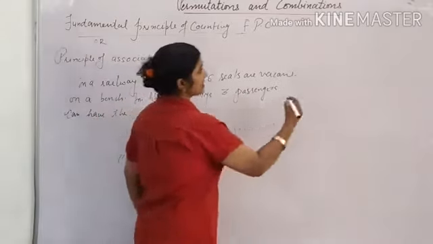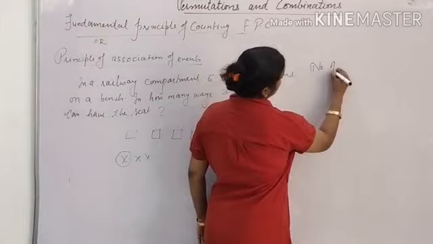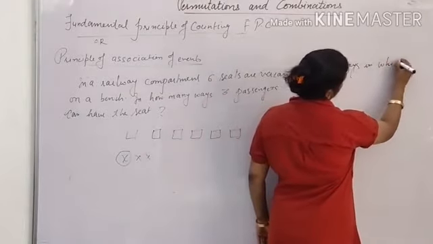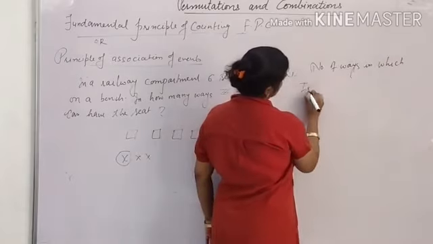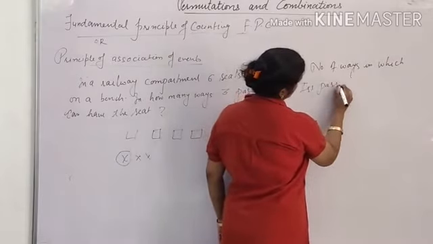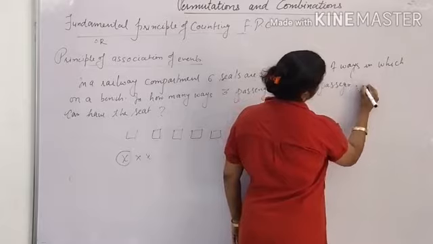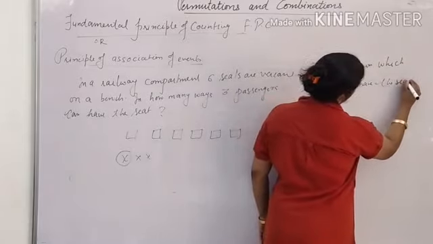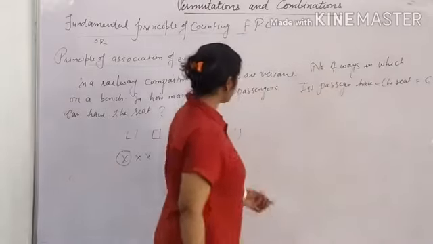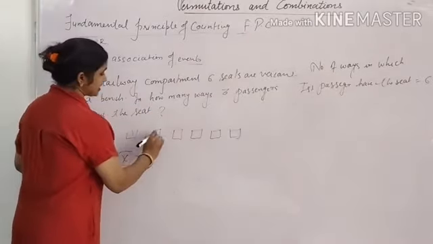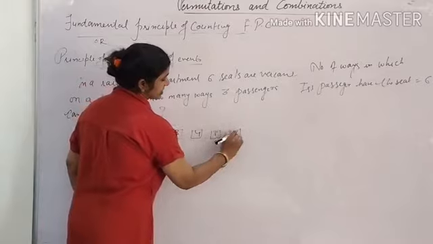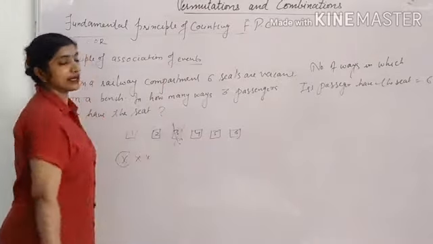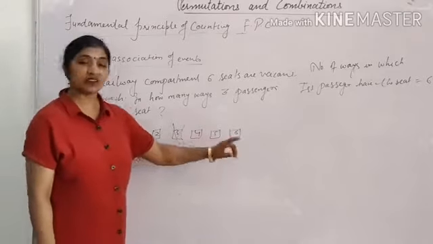So the number of ways in which the first passenger can have the seat is 6, because he may sit on any of the benches 1, 2, 3, 4, 5, 6. Once he is seated, suppose he sits on this bench, then the remaining benches are 5.